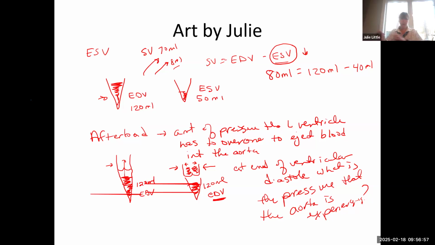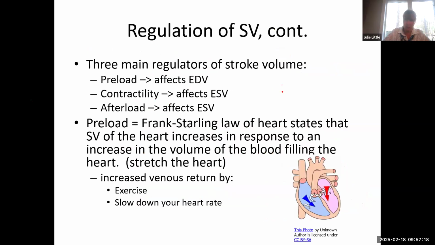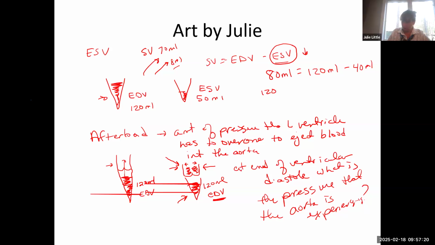We can measure it. When you take someone's blood pressure, you're measuring two types of blood pressure. You're measuring the amount of blood pressure that's in the aorta when the left ventricle is relaxing, and that is diastolic blood pressure. Say your blood pressure is 120 millimeters mercury.